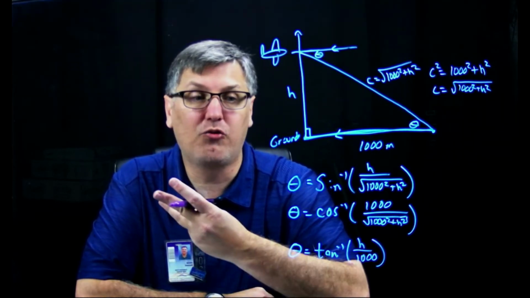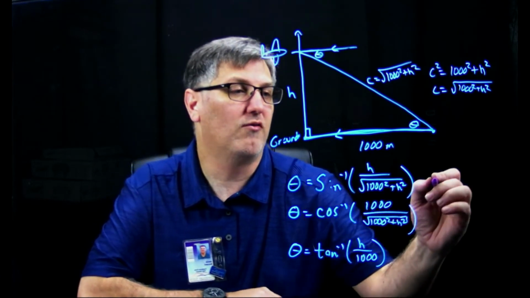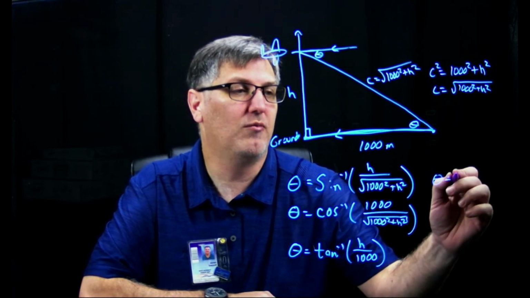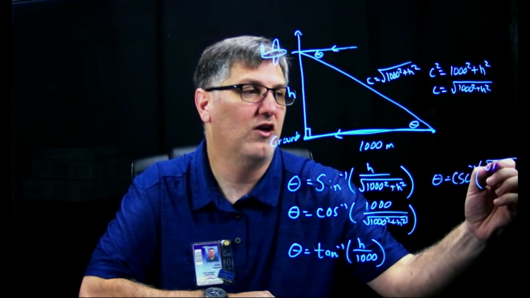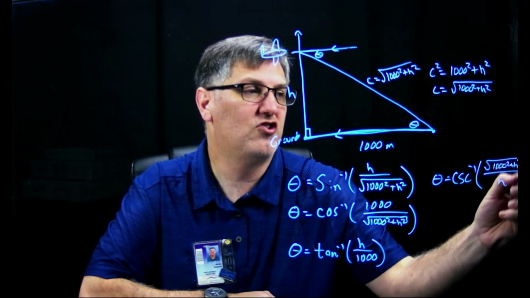But there's still 3 more that are reciprocal. So if we have these 3, we can just take the reciprocal of all of these. Theta could be, the reciprocal of sine is cosecant, so arc cosecant of the square root of 1,000 squared plus h squared over h.